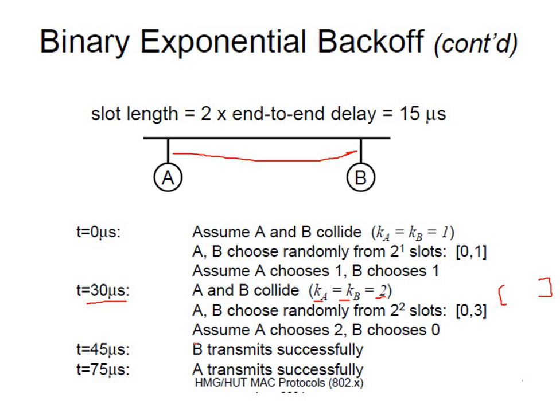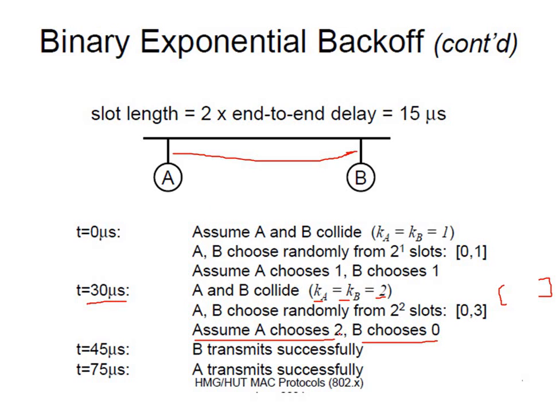But here, assume A had chosen slot 2 and B had chosen slot 0, and B has transmitted successfully. After that, after 60 microseconds, A will transmit successfully.